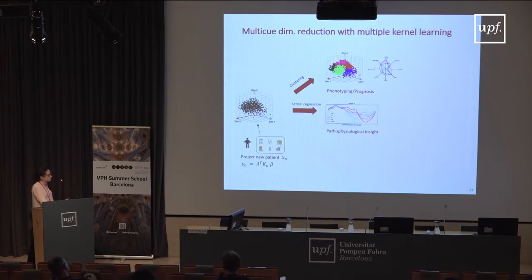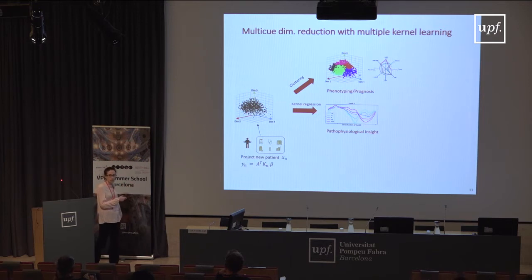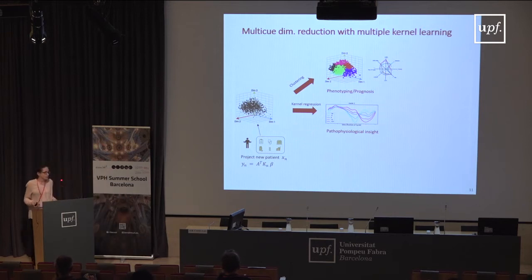Or, for example, we can also see the variability of the input space, because we can move in any direction of the output space, and we can map back to the input space by kernel regression. In this way, I can see how the input features are varying. This is useful when I want to understand what is going on in each of the phenotypes, for example, and I want to identify abnormal patterns.